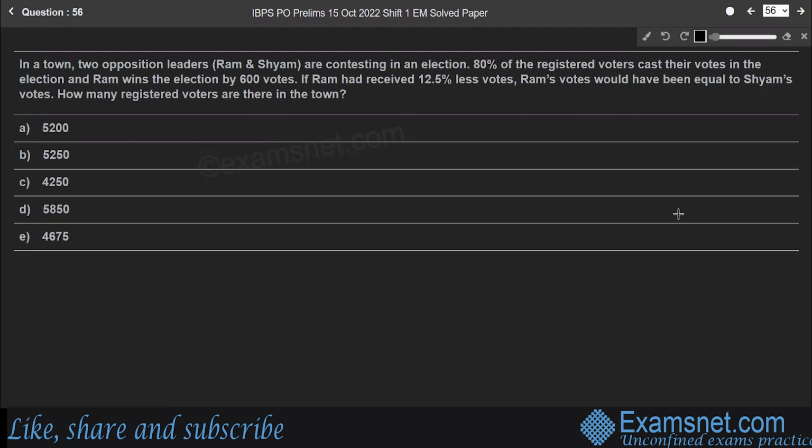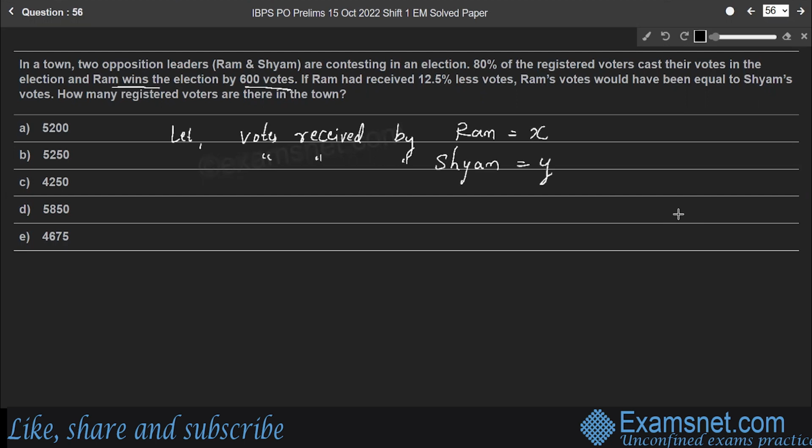So let us assume Ram's votes be X and Sham's votes be Y. Here, let the votes received by Ram be X and the votes received by Sham be Y. Here it is given that Ram wins the election by 600 votes. That means Ram received 600 more votes compared to Sham.